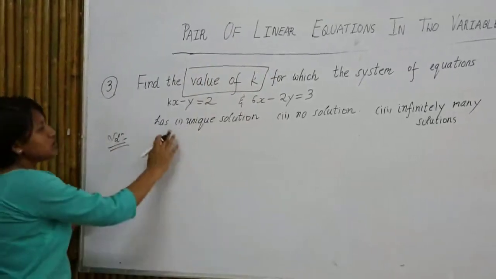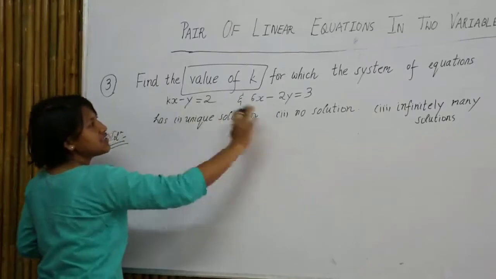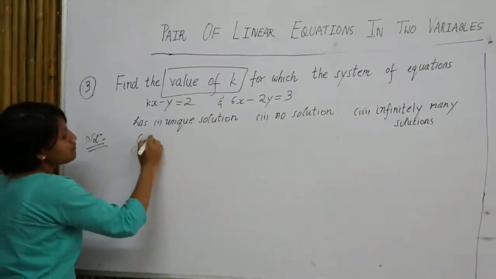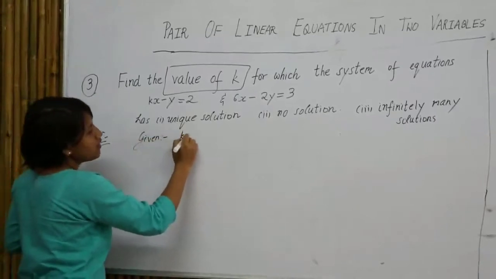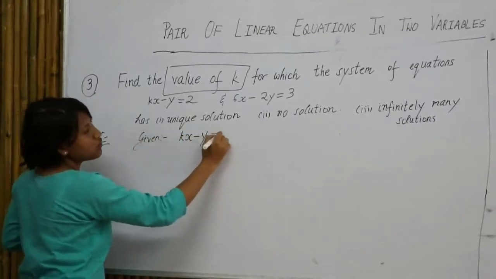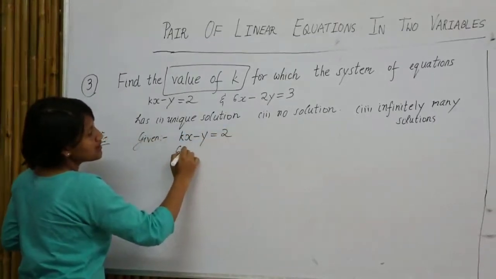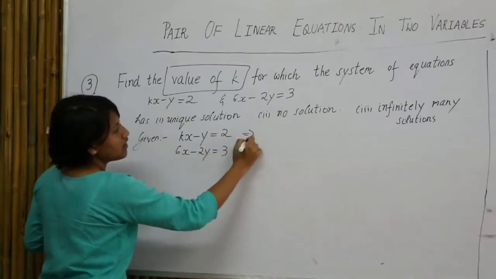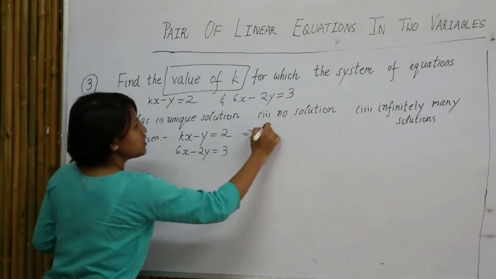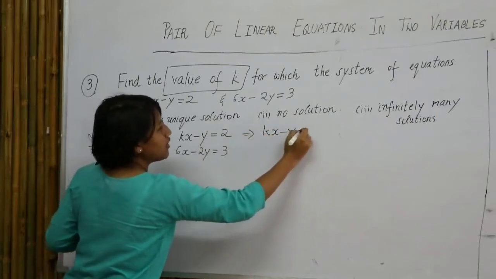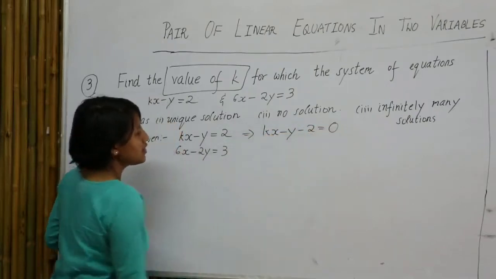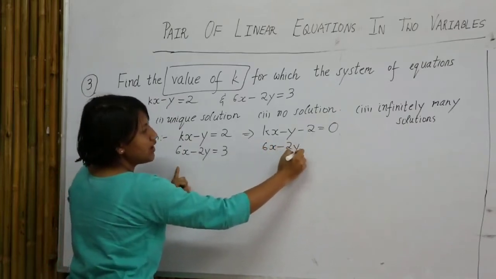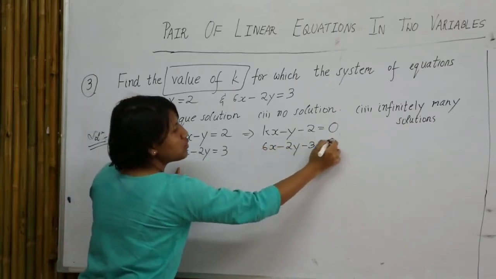So now you take first these simultaneous linear equations. Given kx minus y equal to 2 and then 6x minus 2y equal to 3. Transfer the constants to the other side, you will get this, kx minus y minus 2 equal to 0, and then 6x minus 2y minus 3 equal to 0.